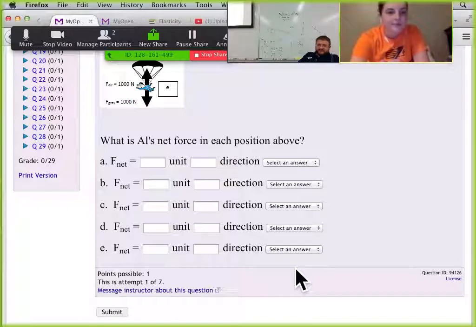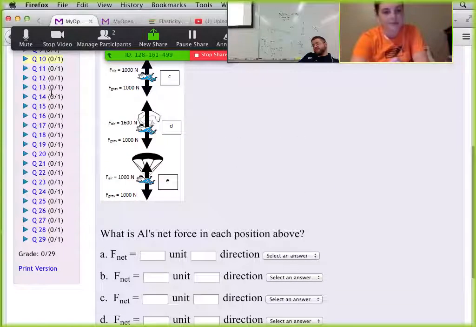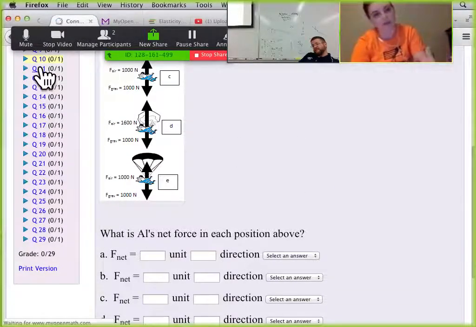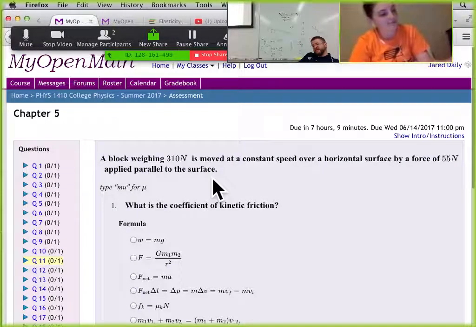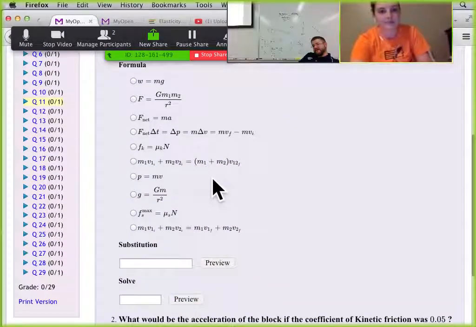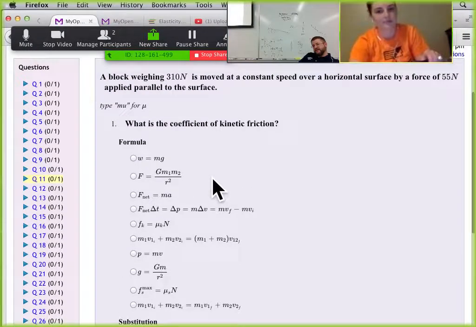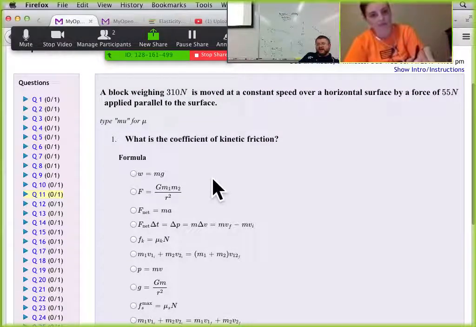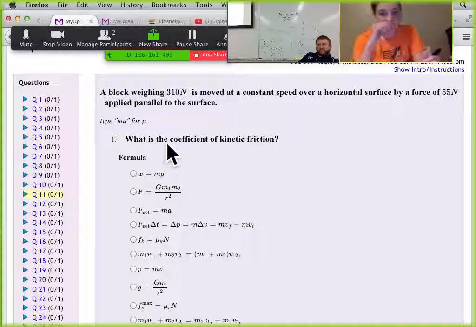On number 11. Yeah. 11. That's my question too. I think I know what's going on, but I just want to make sure that I'm thinking of it right. So, we're supposed to check the formula that starts with F sub k, right? What is the coefficient of kinetic friction?